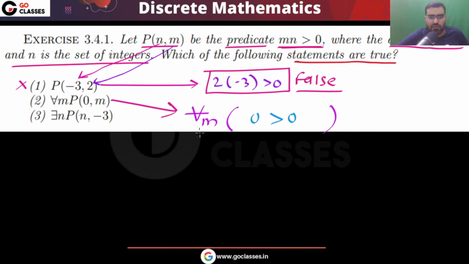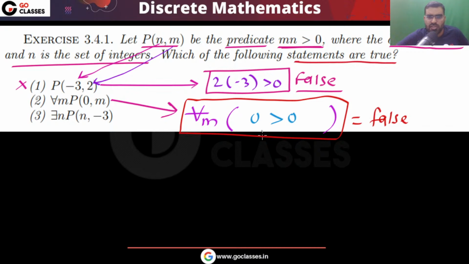For every integer, can I say 0 is greater than 0? This is definitely false, because 0 greater than 0 itself is false. So for everyone this is false. So ultimately, this will be false. So this is also false. What about this one?